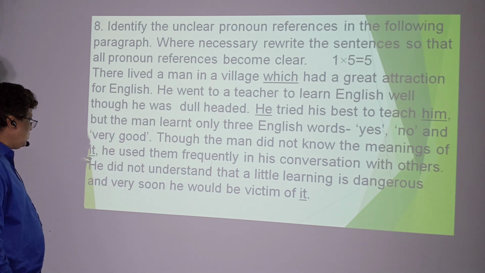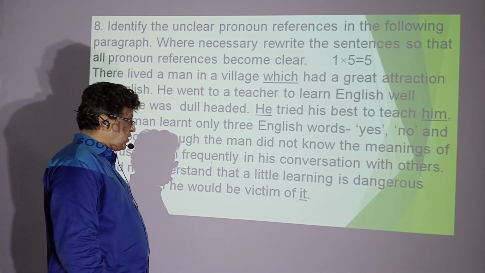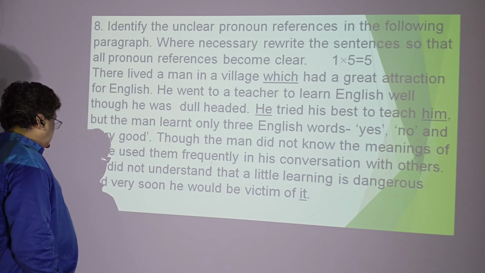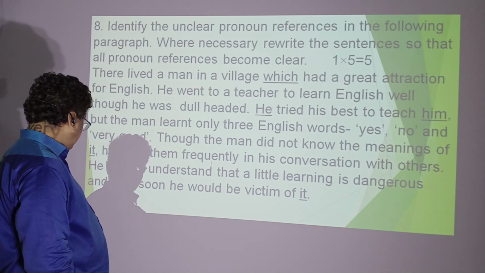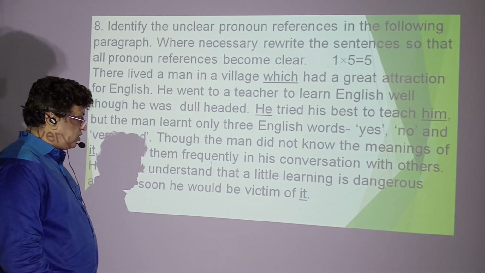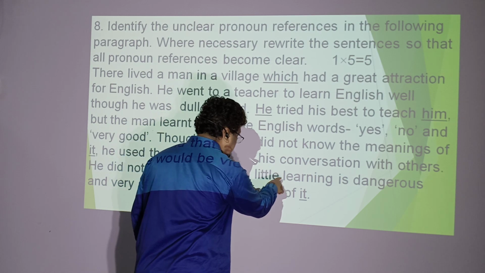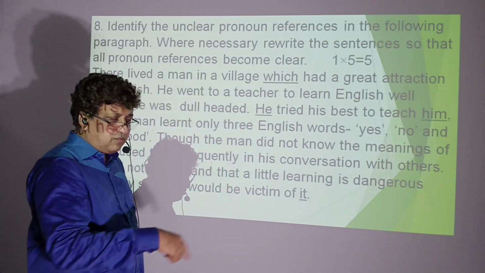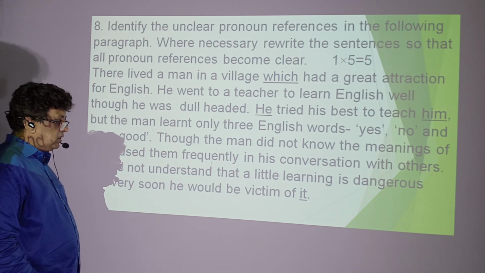So he used them frequently in his conversation with others. He did not understand that a little learning is dangerous, and very soon he would be victim of a little learning. Not it, it should be replaced by a little learning.